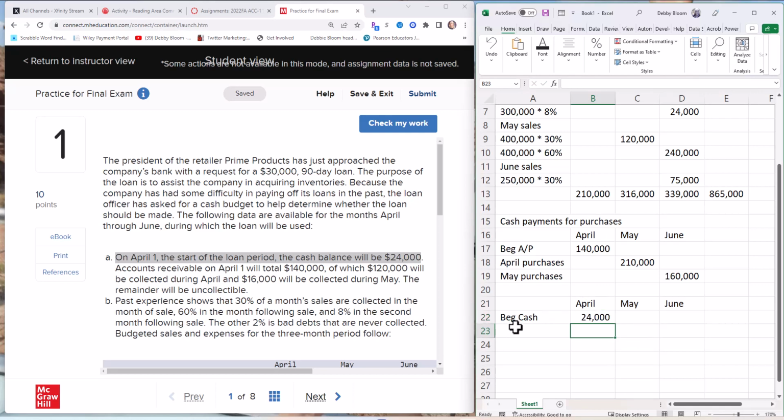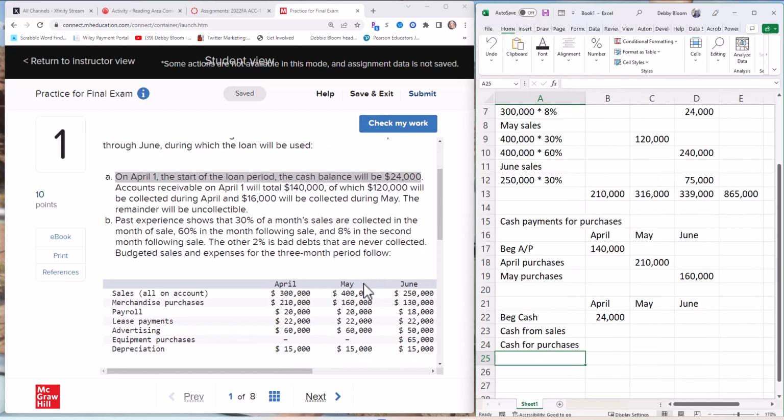The next thing that we're going to look at is the cash receipts from sales. Then we're going to look at the cash payments for purchases. Then we're going to have some other cash payments each month. So we're going to have cash for payroll. We're going to have cash paid for lease payments.